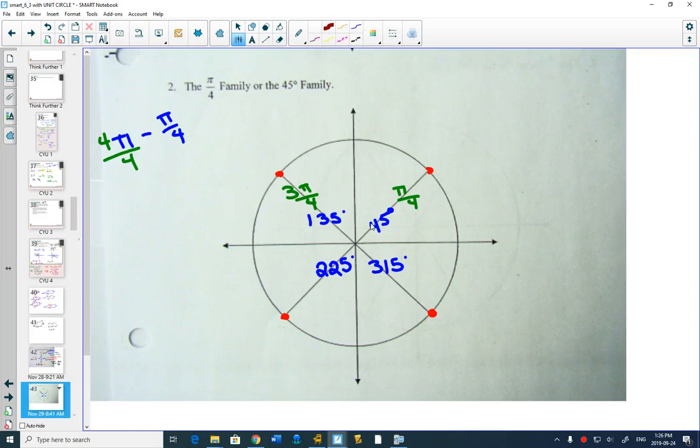What about in quadrant 4? Instead of subtracting your reference angle, you'd add your reference angle, giving you 5 pi over 4. And here, now you would have to go 2 pi minus your reference angle, get a common denominator, 8 pi over 4 minus pi over 4.